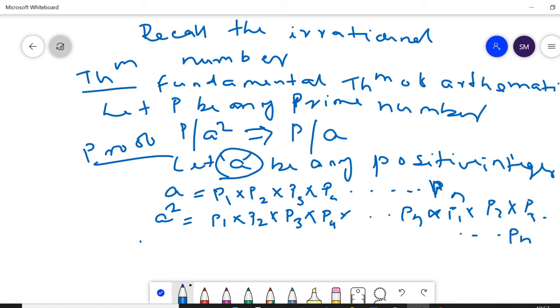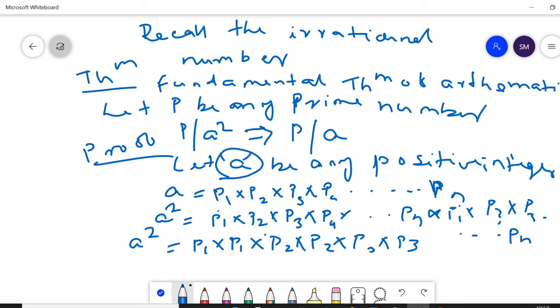Then A square is equal to P1 into P1, P2 into P2, P3 into P3, up to Pn into Pn.